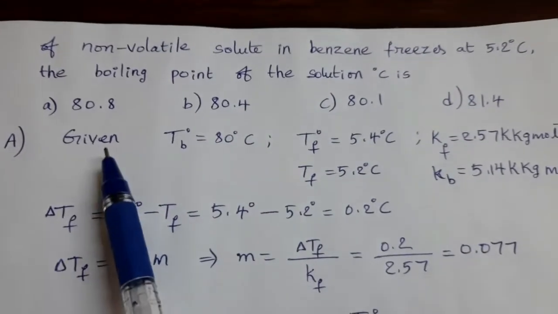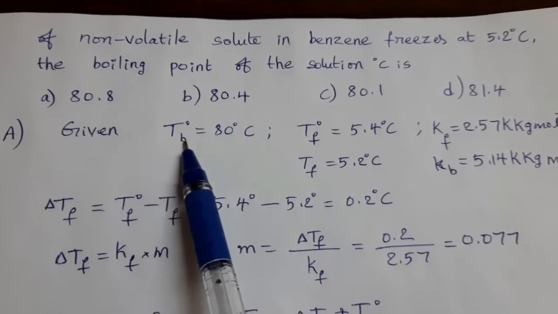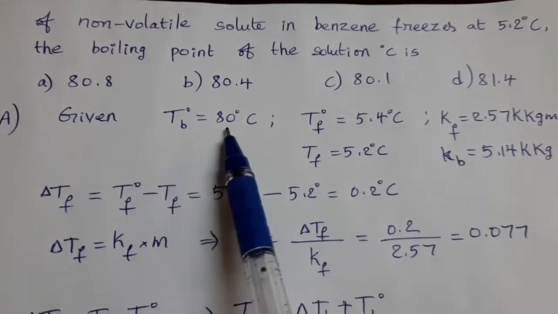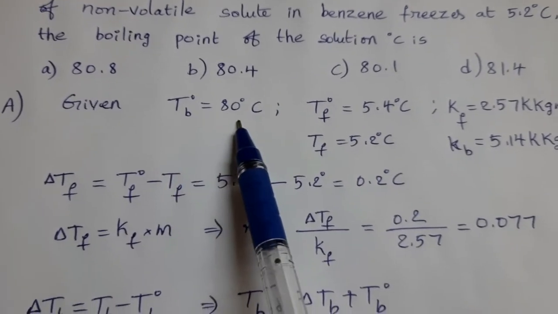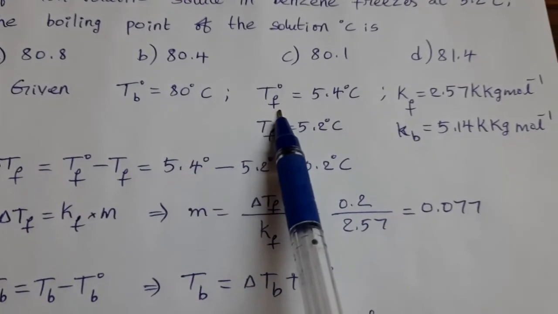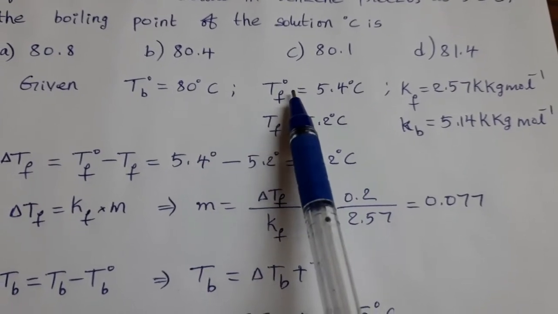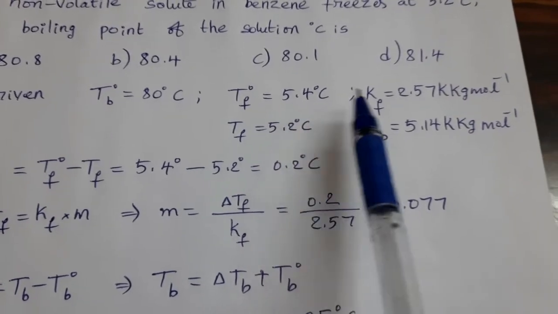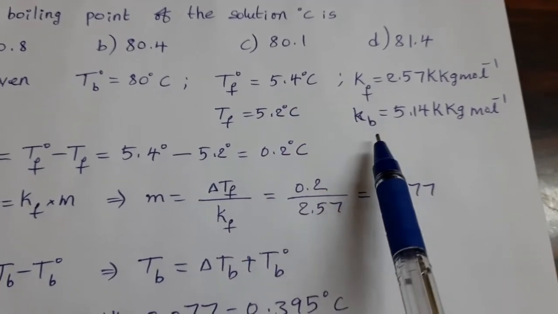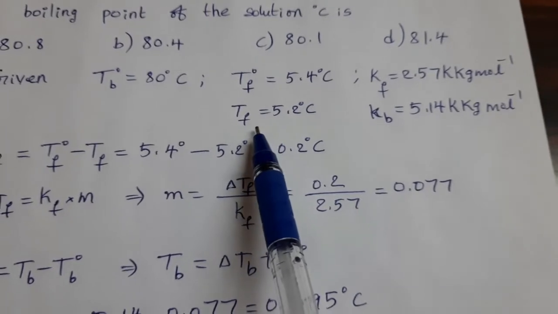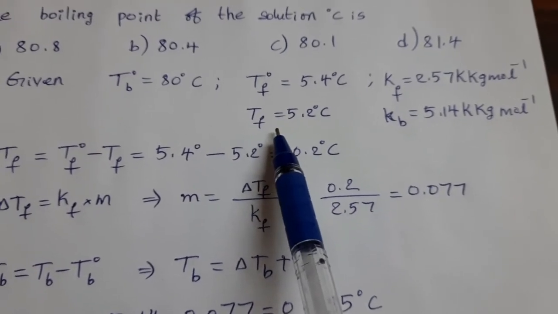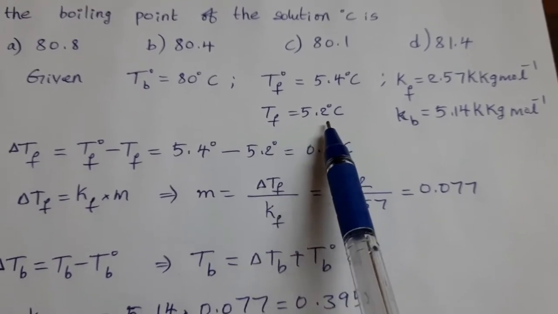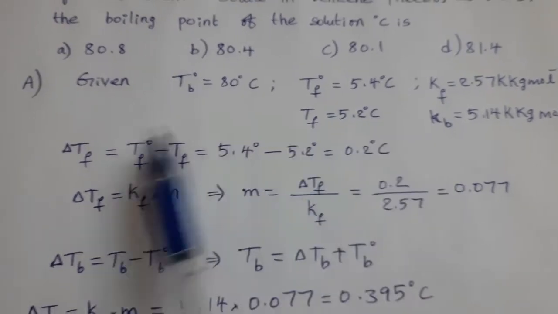So given values: boiling point of benzene Tb naught equal to 80 degrees Celsius, freezing point of benzene Tf naught equal to 5.4 degrees Celsius, Kf value, Kb value, and freezing point of this solution is also given, Tf equal to 5.2 degrees Celsius.